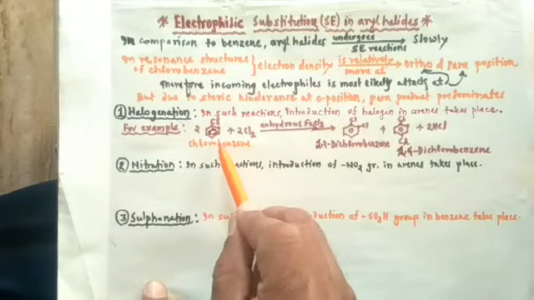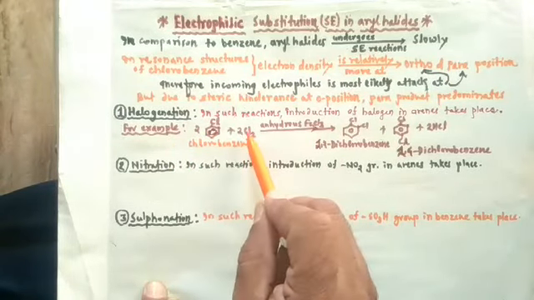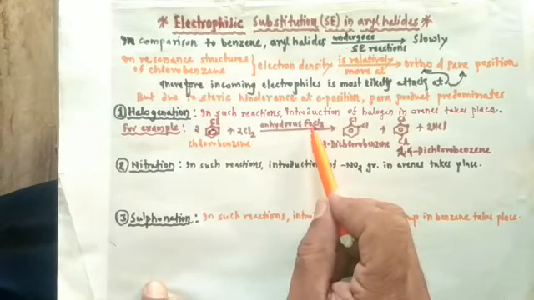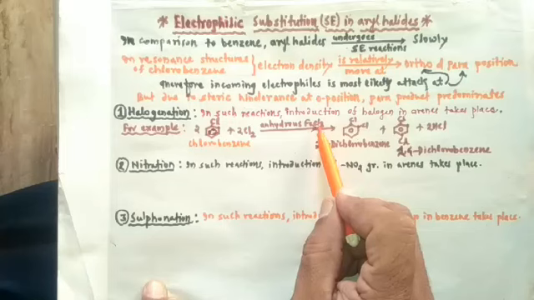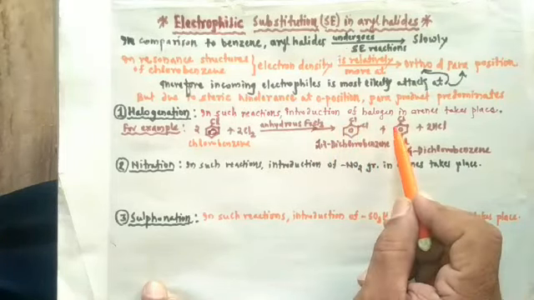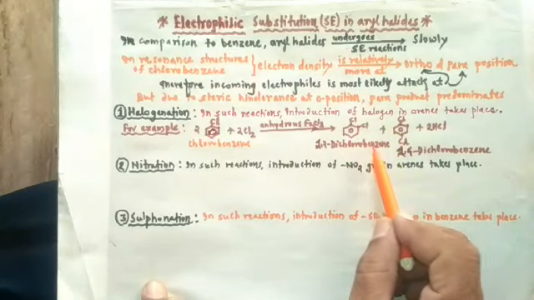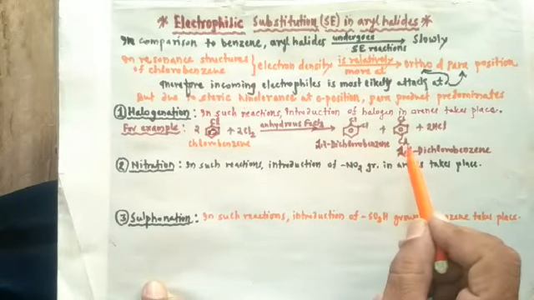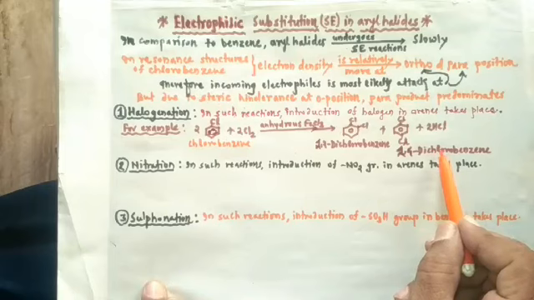Chlorobenzene on reacting with chlorine in presence of anhydrous FeCl3 produces a mixture of 1,2-dichlorobenzene and 1,4-dichlorobenzene.